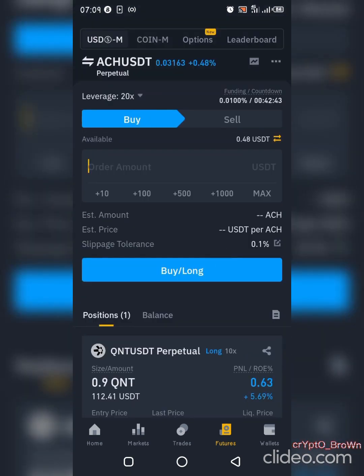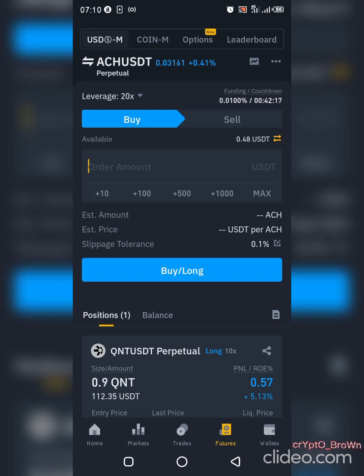Now, the leverage gives you the opportunity to add more money to what you are having. It's more like a loan. It is loaning you money for you to enter into the market. That way you can gain more. The more leverage that you have, the more you can gain on whatever that you are trading. The less leverage saves you from being liquidated.